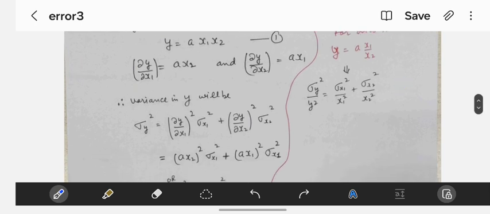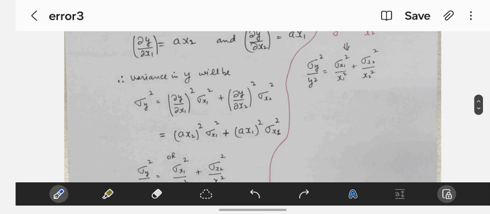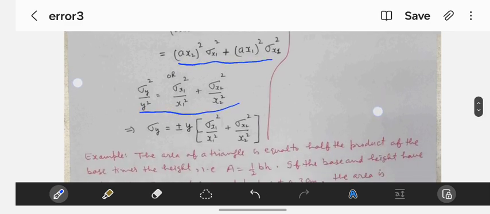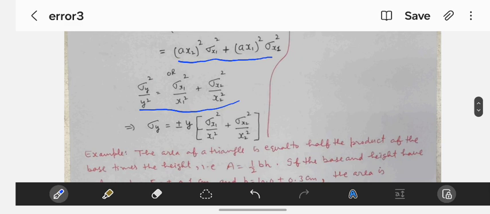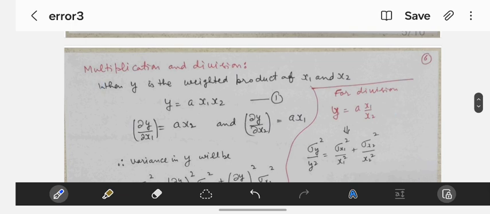Del y by del x1 will give a x2, del y by del x2 will give a x1, and the variance in y, sigma y square, comes from the same error propagation formula. Now we divide it by a square x2 square x1 square. Then we get this, and from here sigma y will be the same. It means this a is not affecting anything.